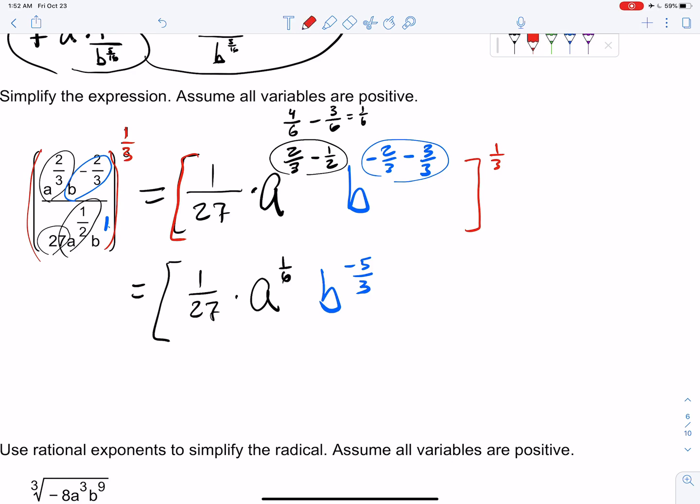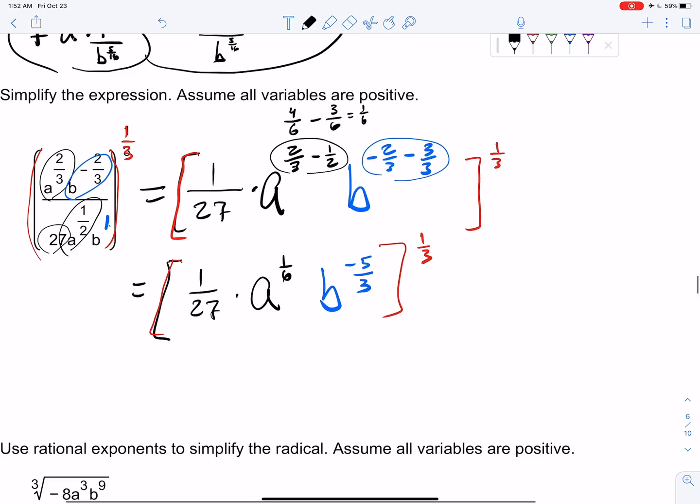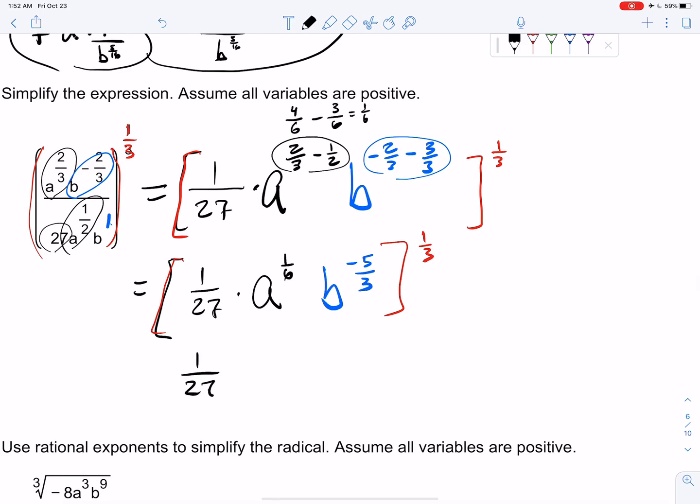Okay, don't forget we must raise all factors to the 1/3 power. Now you can write this down, or you can do it in your head, but you can start losing some pieces here. This is 27. I'm going to write all these factors, and I'm going to show that each one of these factors must be raised to this red 1/3.